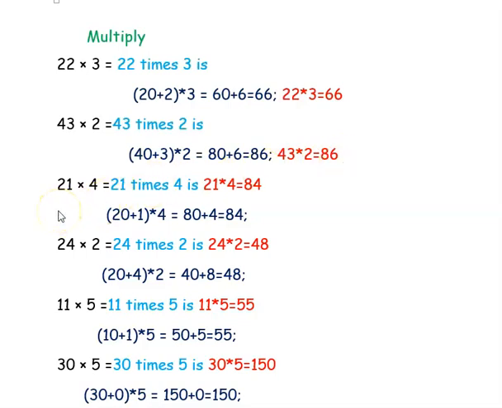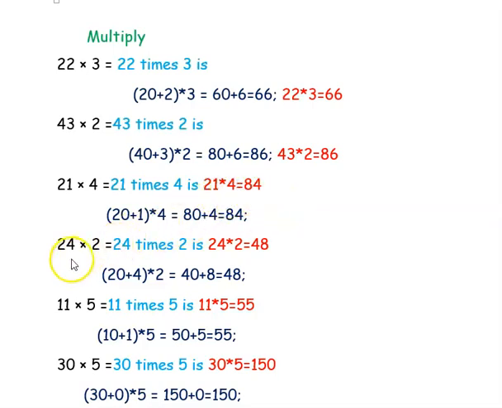The next number is 21 into 4. That is 21 times 4. So 21 can be written as 20 plus 1 into 4. So 20 into 4 is 80 plus 1 into 4 is 4. So 80 plus 4 is 84. So that is 21 into 4 is 84.